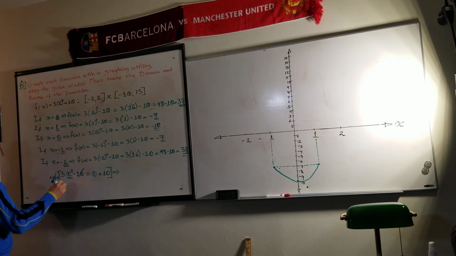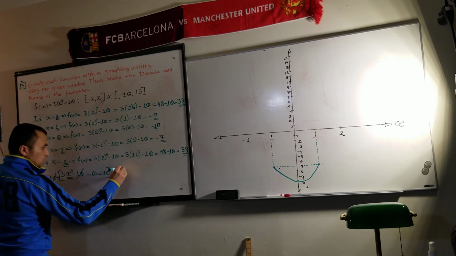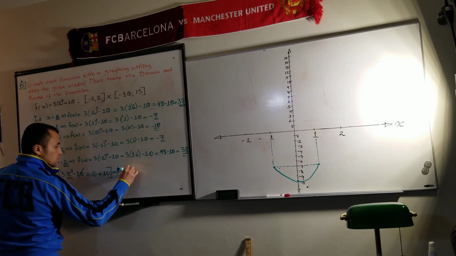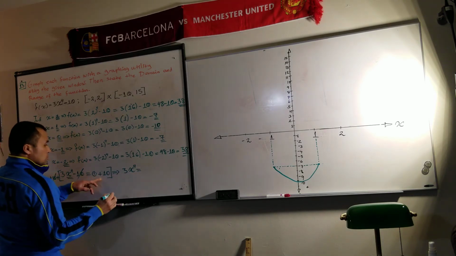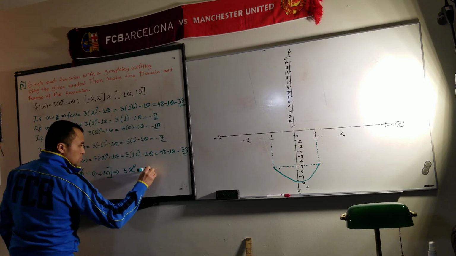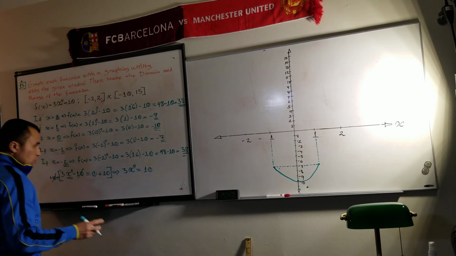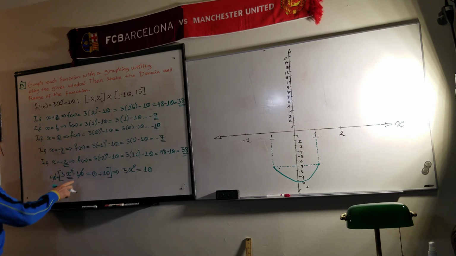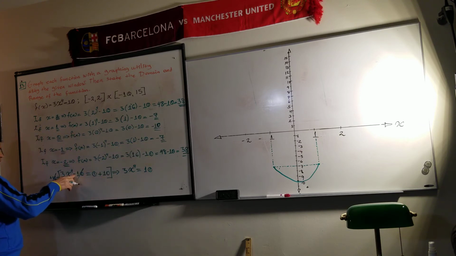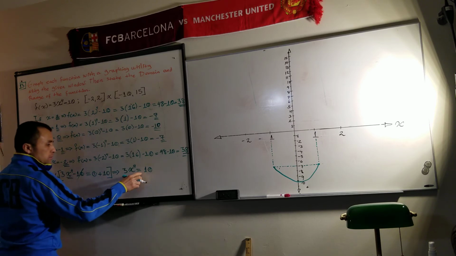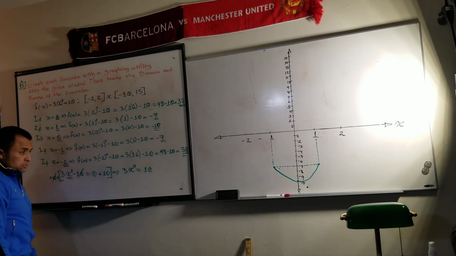We cancel, and we're only going to have 3x to the 4 equals 0 plus 10, that is 10. So we basically moved the 10 to the right side of the equality. On the left side it had a negative sign, on the right side it's going to have a positive sign.